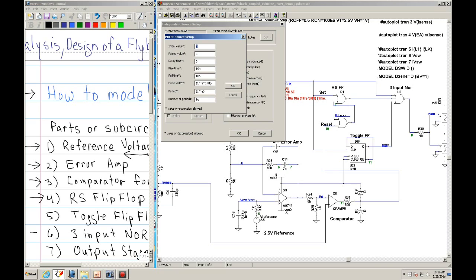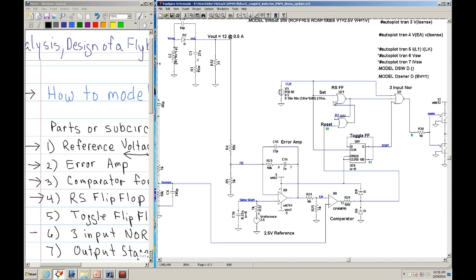The 0.01 means I'm going to get a pulse width that is 1% of the switching period. So basically, you're going to have a very narrow pulse. That's what this coefficient does: the 0.01 multiplies the period. The period, of course, is 1 over the frequency, and then the number of periods is 1 gig.